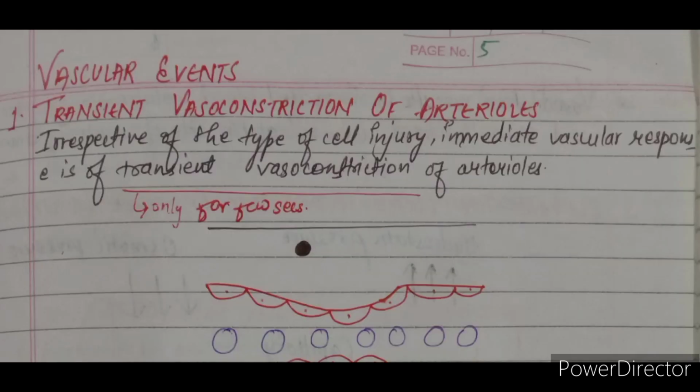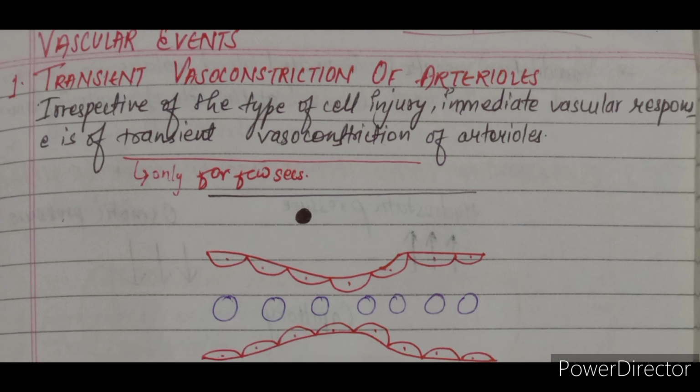So the number one vascular event is known as transient vasoconstriction of arterioles. Irrespective of the type of cell injury, the immediate vascular response is transient vasoconstriction of arterioles. It lasts only for a few seconds.